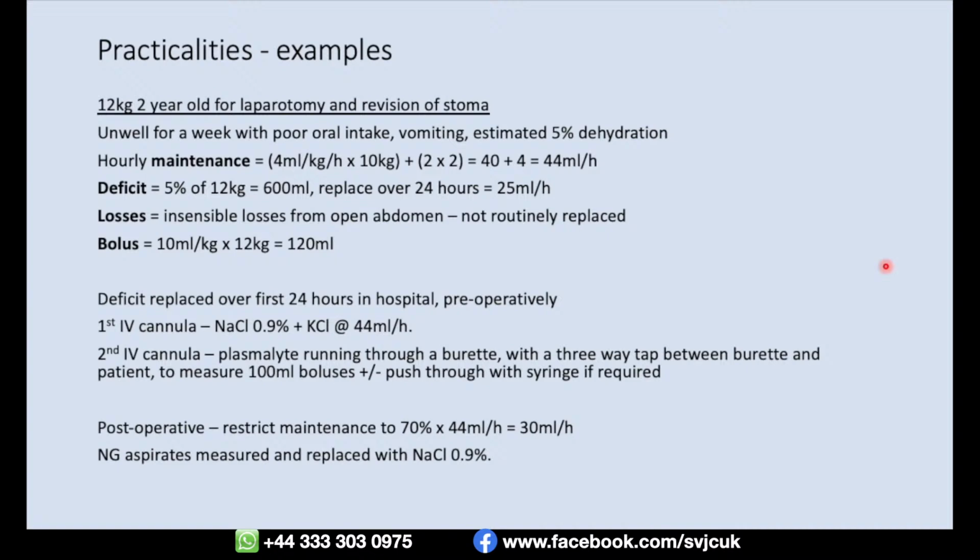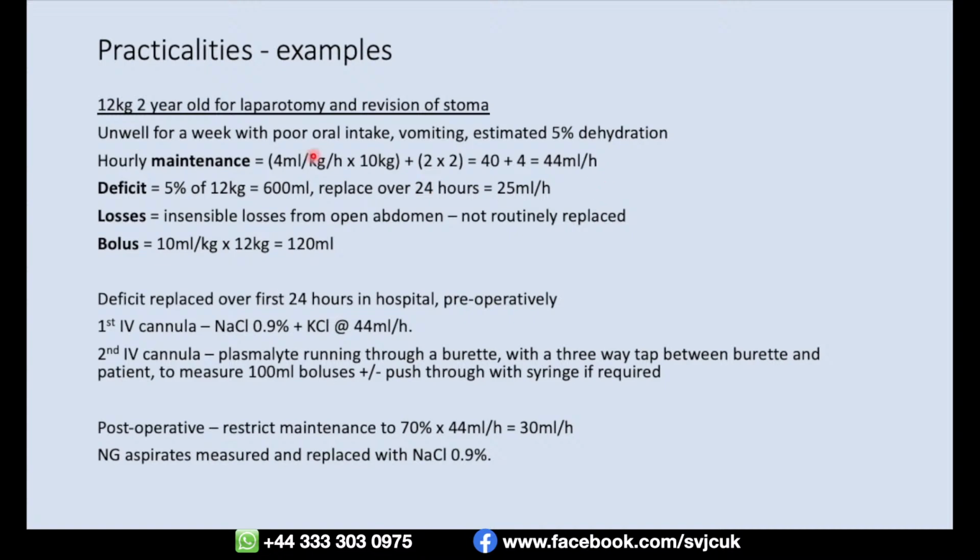Slightly more complicated situation, a 12 kilo 2-year-old having a laparotomy for a revision of a stoma. Maybe they've been unwell for a few days, they've had poor oral intake, they've been vomiting, and at admission they were estimated to have 5% dehydration. So again, we'll start with calculating their hourly maintenance using the 4-to-1 rule, and that brings us to about 44 mils per hour.